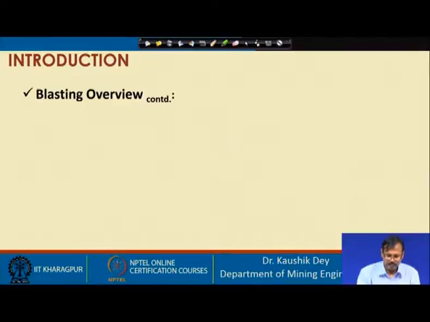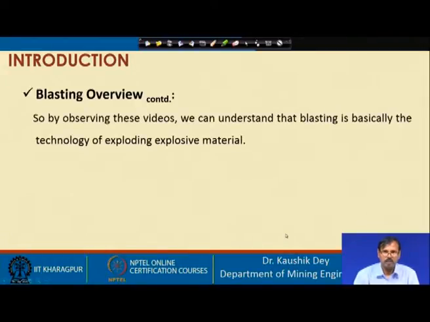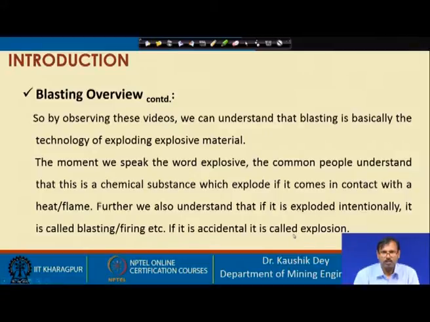So, you understand that explosive is a chemical, and if it comes in contact with a flame or some stimulus, then it explodes; we commonly know this. When we intend to create an explosion with the explosive, that is called blasting.